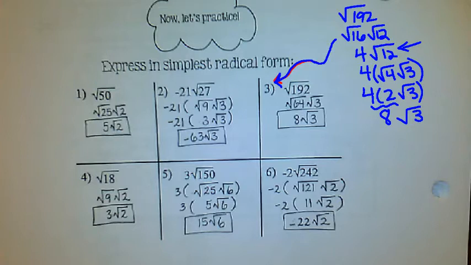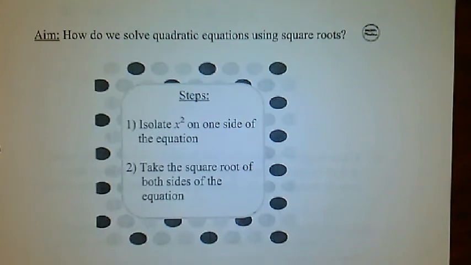Use the methods that we did, for example, for number 2, for number 5, for number 6, where at the end you have to multiply those coefficients together. So again, it's kind of like simplifying fractions, right? If they both are even in the numerator and the denominator, keep dividing them by 2 until you get down to simplest form.